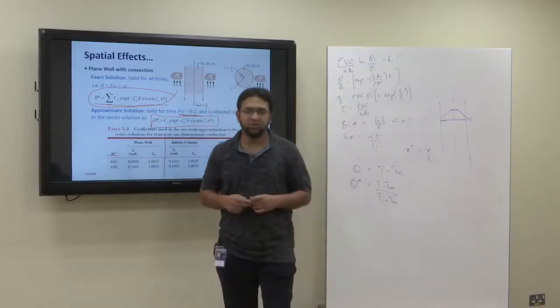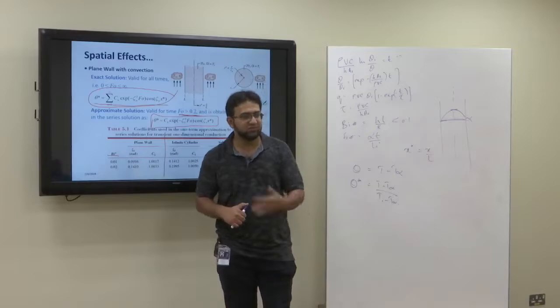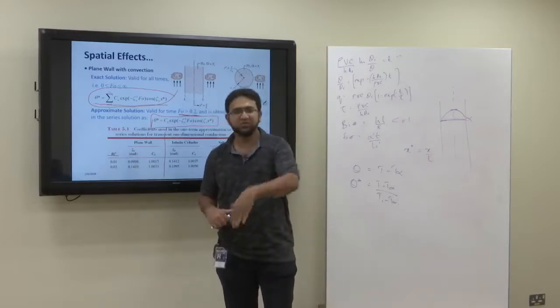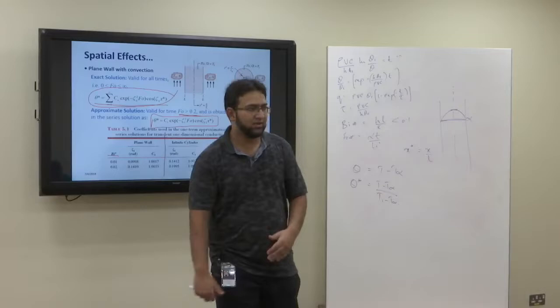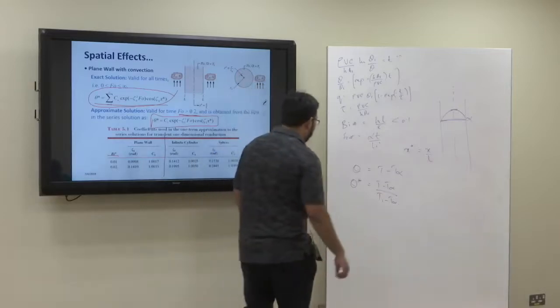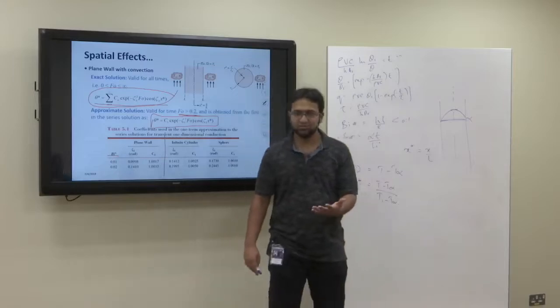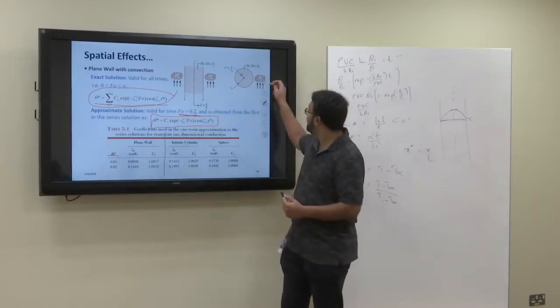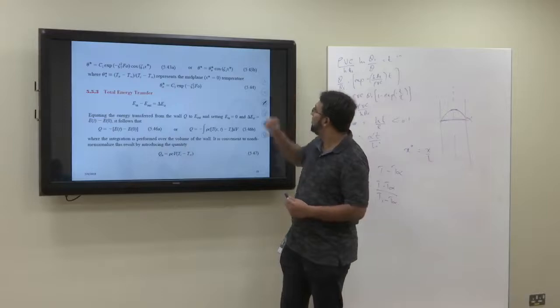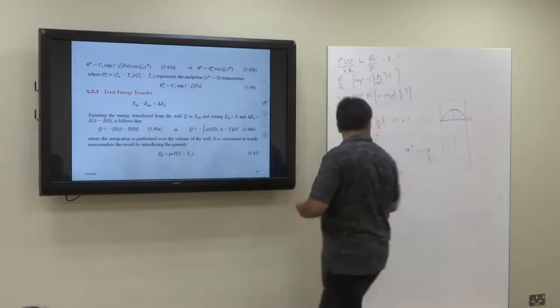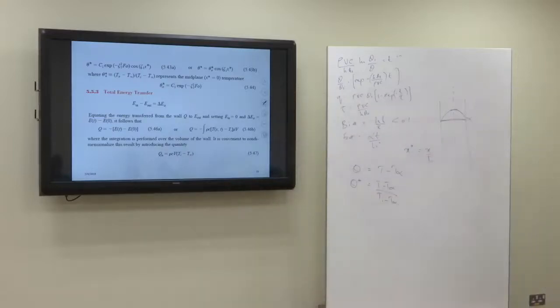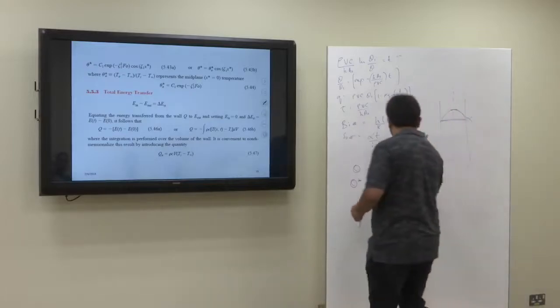We are talking about the transient case, so there will be an initial temperature and there will be the final temperature. So we are finding theta star as a function of x star. Anyway, what formulas do we have here in the end? Let me show that.